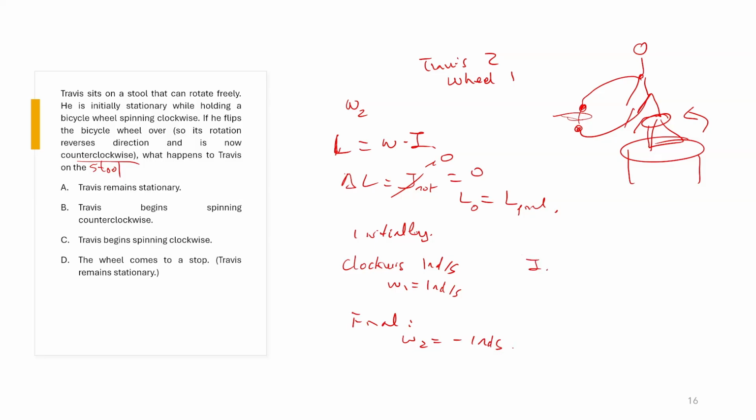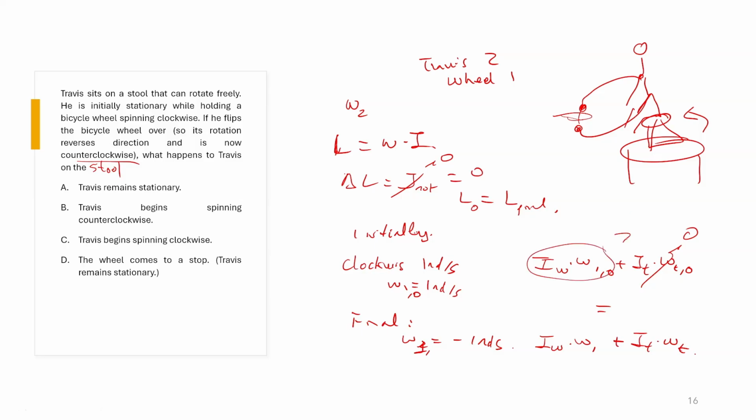I'm going to have Travis's inertia plus the wheel's inertia. Conservation of momentum says that the inertia of the wheel times the velocity of the wheel at the beginning, plus the inertia of Travis times the velocity of Travis at the beginning, but Travis is not moving, so that's 0, needs to be equal to the same at the end: the wheel's inertia, which is the same, it doesn't lose mass, plus Travis's inertia times the velocity of Travis.